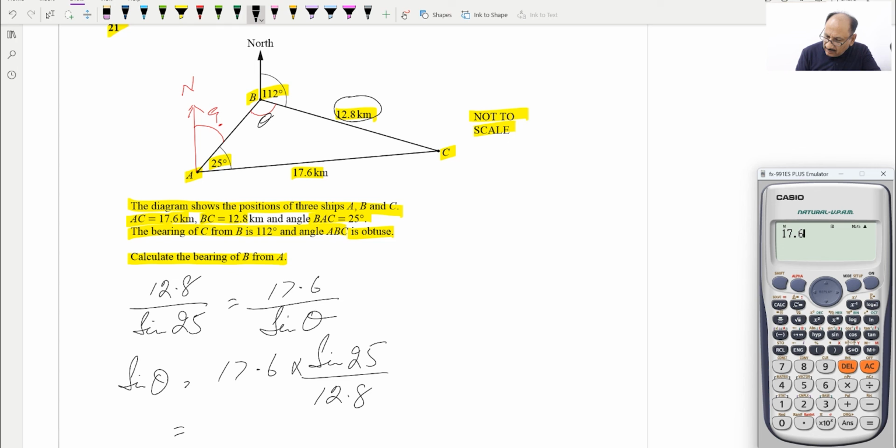Your calculator should be in degree mode. Be careful, otherwise you will not get the answer correctly. We missed a bracket, so over here, and this is giving us 0.58. So sine of 25 times 17.6 over 12.8, yes, this is correct, 0.58.